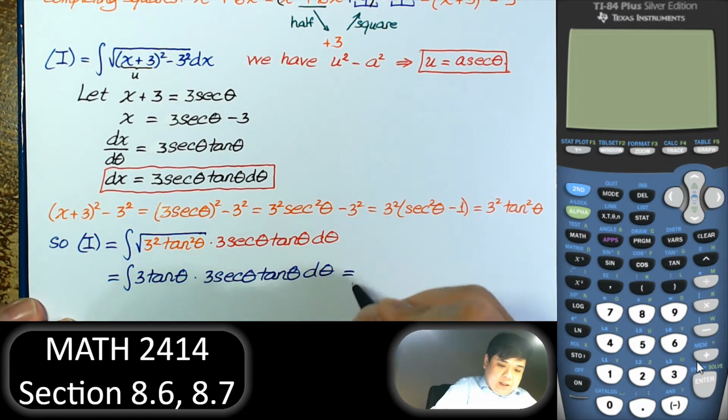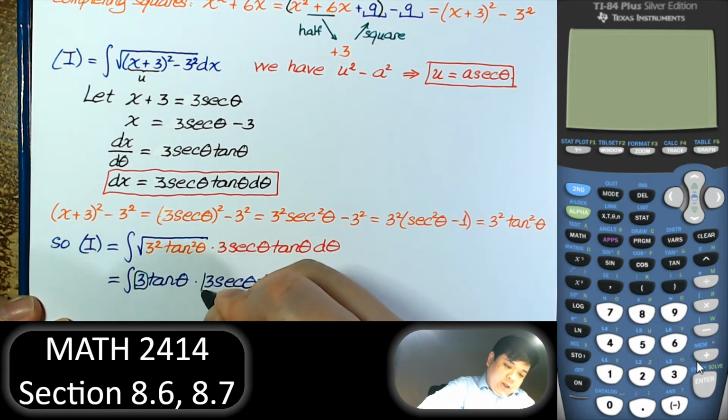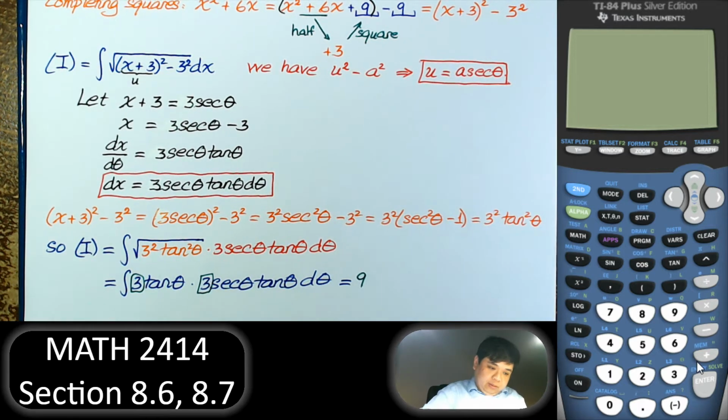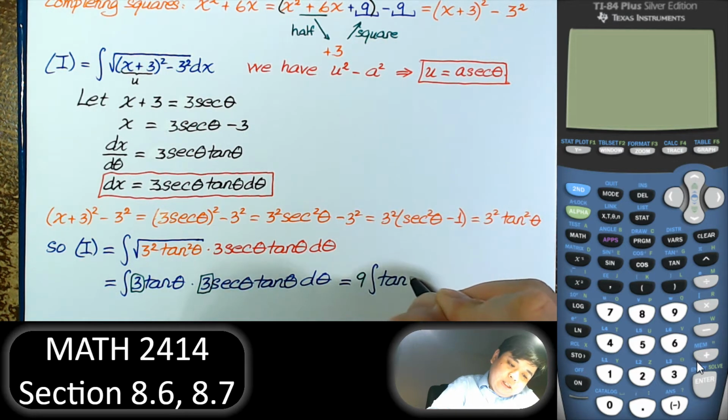So 3 and 3 make a 9. Tangent times tangent, so tangent squared, and then secant theta.